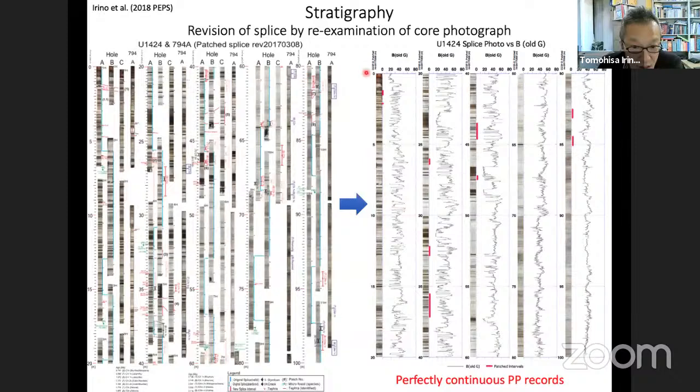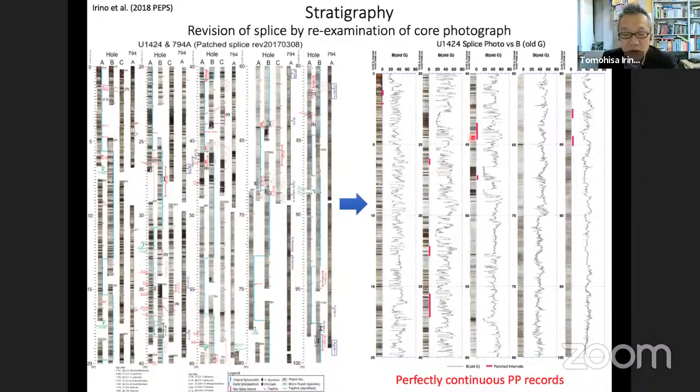So finally we get nearly perfectly continuous sediment records, the splice records like this, for all the sites we drilled in the Japan Sea.